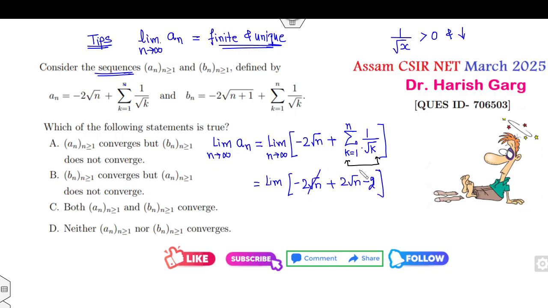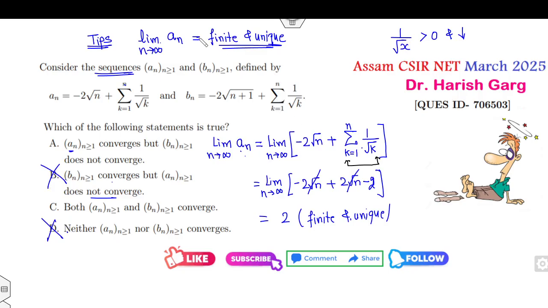Now you can see what will happen as n approaches infinity: the answer is minus 2, which is finite and unique. So the limit of an is finite and unique, and the sequence an is convergent. So B option is cancelled, D option is cancelled.